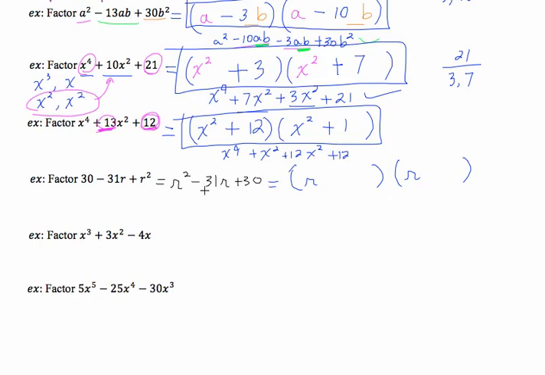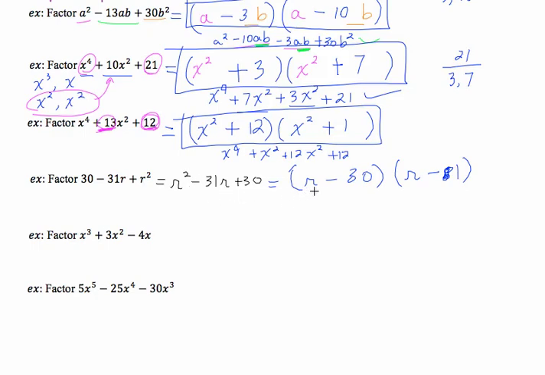Okay, so here we want them to multiply to 30 yet add to negative 31. So, okay, first dealing with the signs. If you want two numbers to multiply to a positive number yet add to a negative number, they're both going to be negative. And let's try 30 and 1.